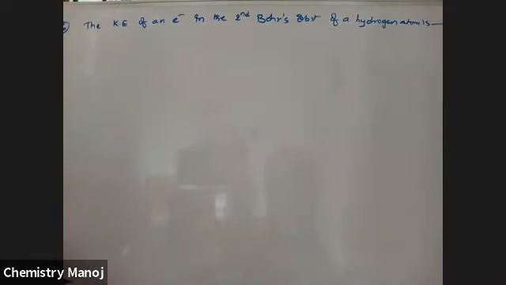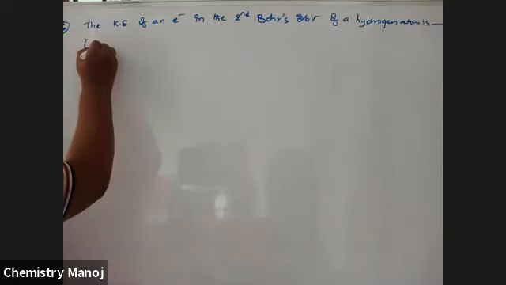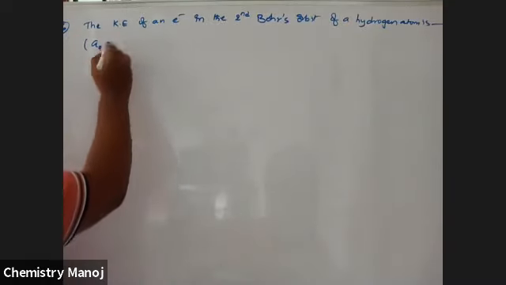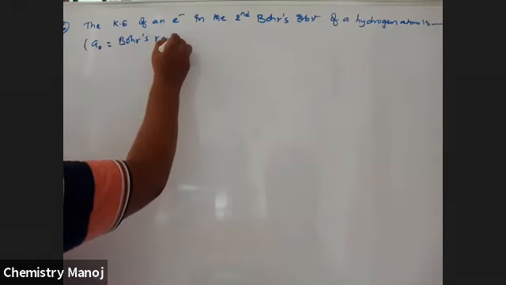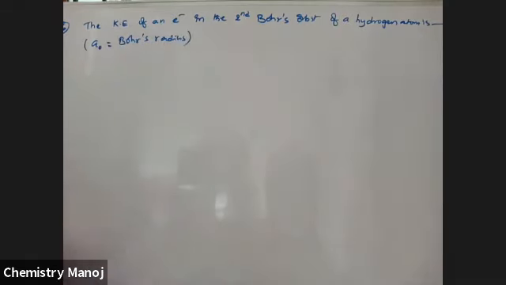Yes, clear. A naught is equal to Bohr's radius.